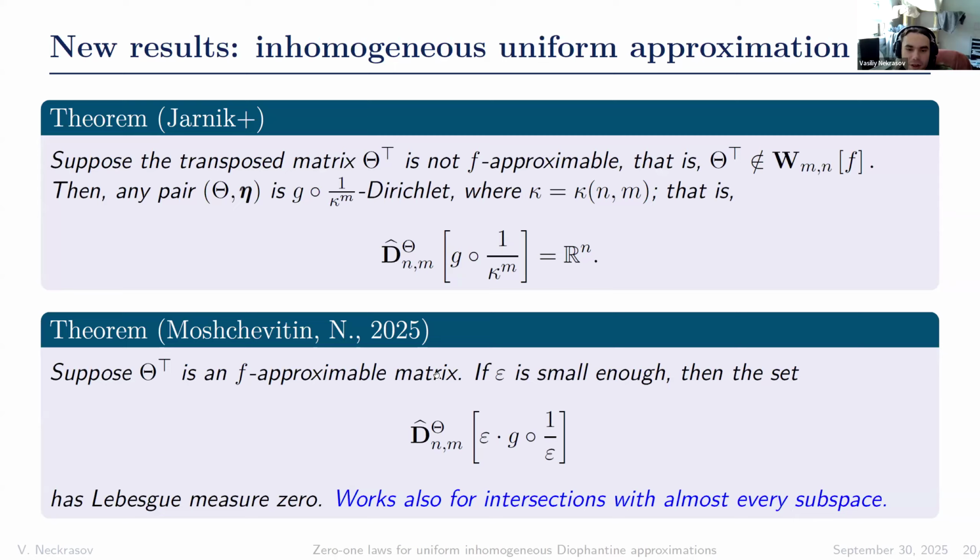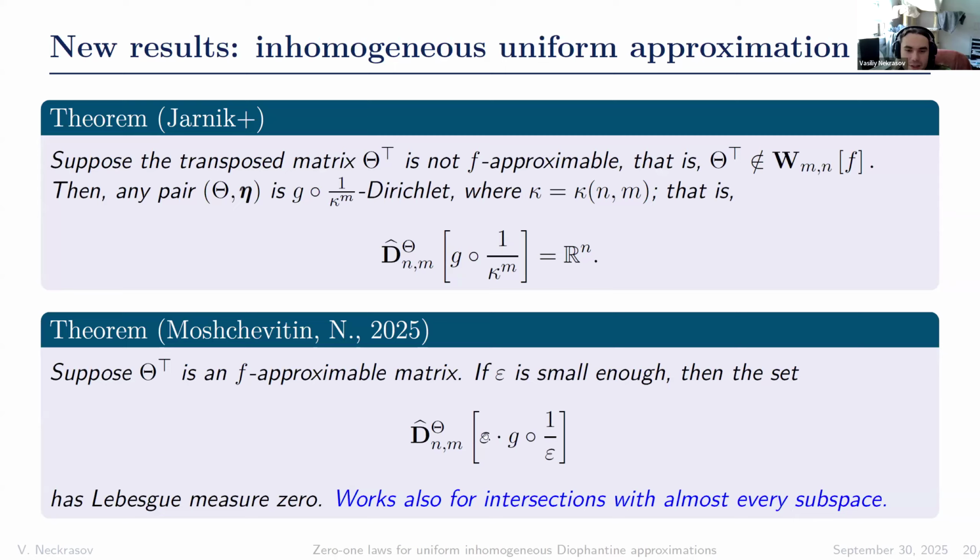So up to a constant, the combination of these two theorems gives us the first 0-1 law to discuss today. This is the 0-1 law for uniform twisted approximation. It shows the precise conditions of when this set of G-Dirichlet shift vectors will have full measure and even will be everything, versus when it will have measure 0.